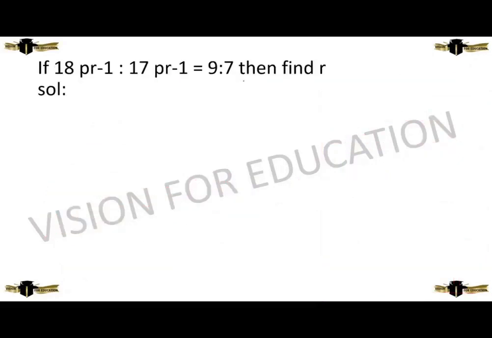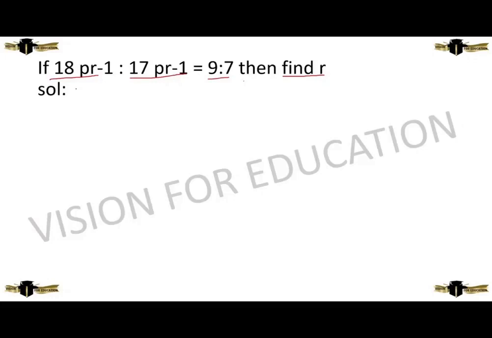For today, this is the last problem. Here they are asking us to find the r value, and this is the given problem: 18P(r minus 1) divided by 17P(r minus 1) is equal to 9:7.